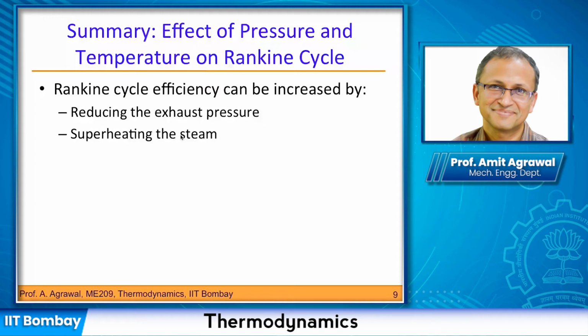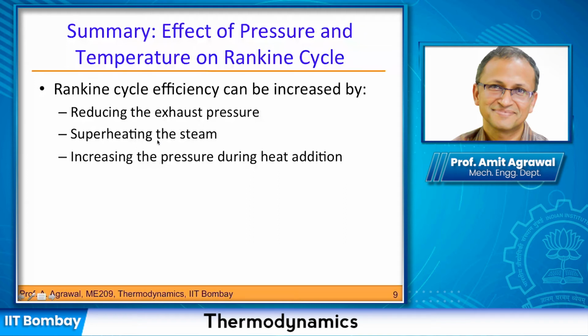If you had done it at that time, hopefully whatever we are giving now without any calculations would be much easier to follow. So in summary, we have looked at three things. We have looked at the effect of pressure and temperature on the Rankine cycle efficiency. And we found that reducing the exhaust pressure or increasing the pressure are both beneficial for us in terms of increasing the efficiency.